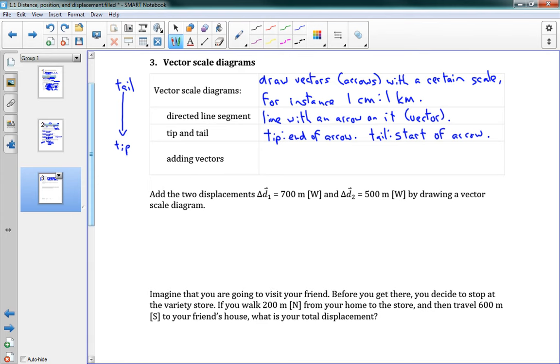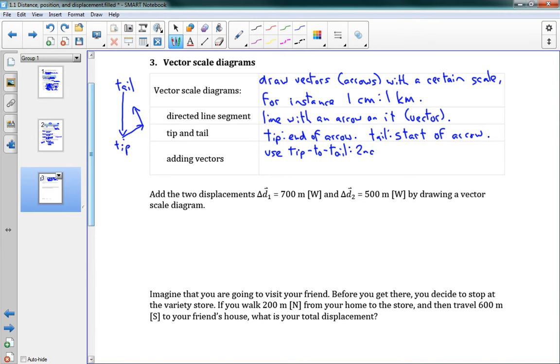So when we draw vectors, we use what's called the tip-to-tail method. So you can see that now I have the tail of my next vector touching the tip of my previous vector. And that's how we add vectors together, is we use the tip-to-tail method. So when we're adding vectors, we use tip to tail.